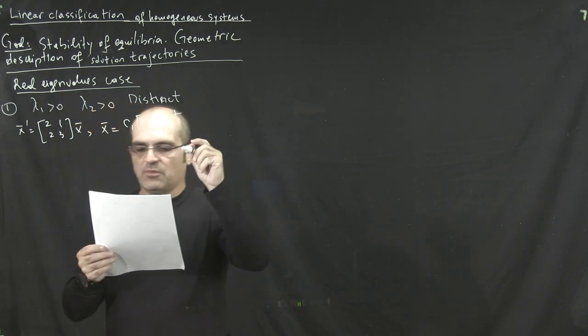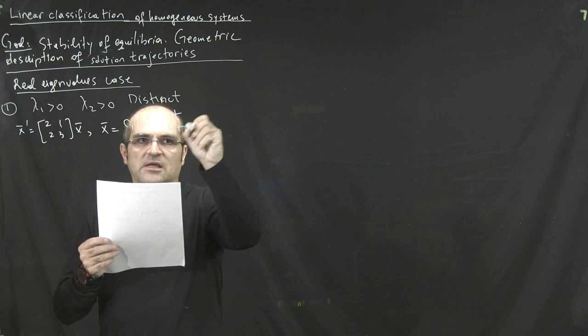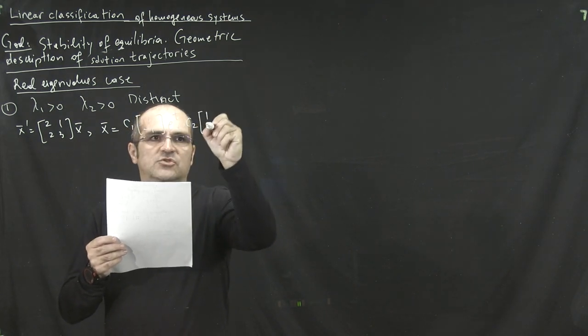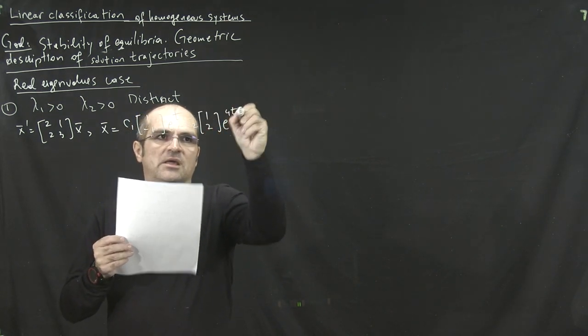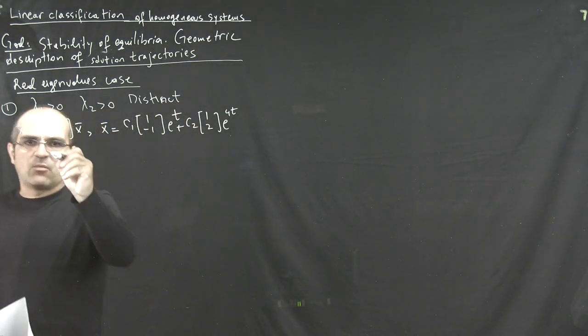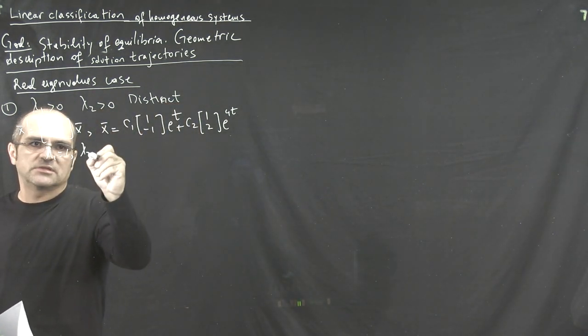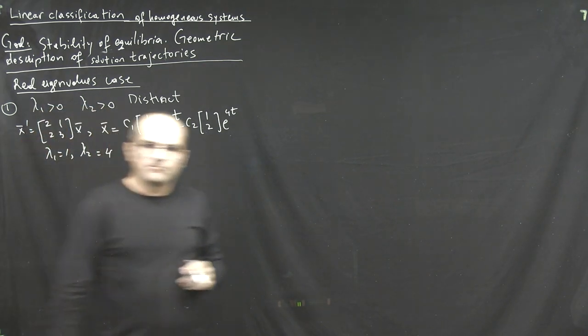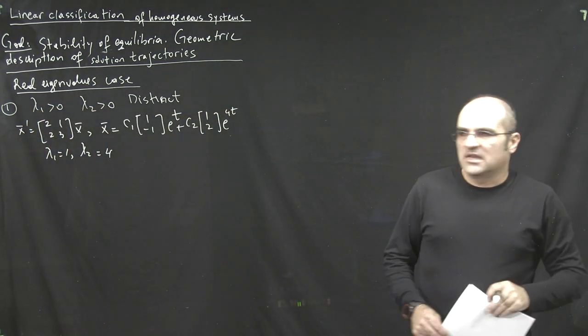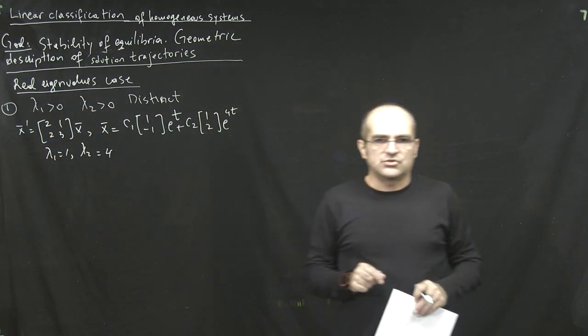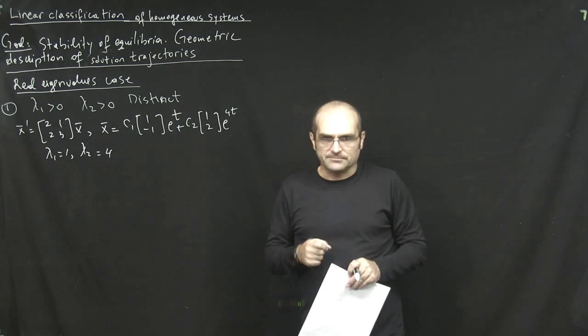But the solution is C1 (1, -1) e^t plus C2 (1, 2) e^(4t). So the eigenvalues, by the way, in this case are 1 and 4. So take a look at the exponents of the exponentials, and of course (1, -1) and (1, 2) are the corresponding eigenvectors.